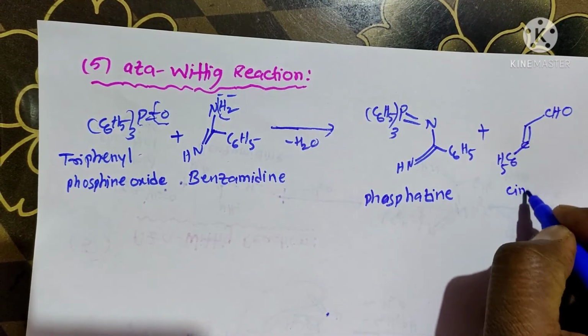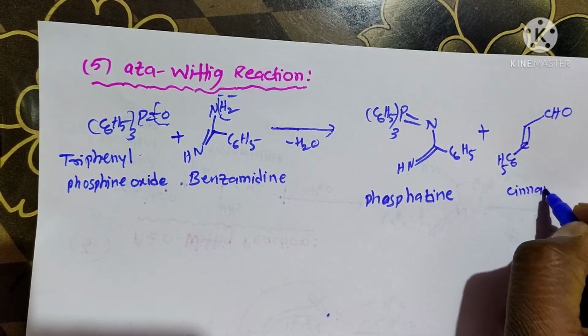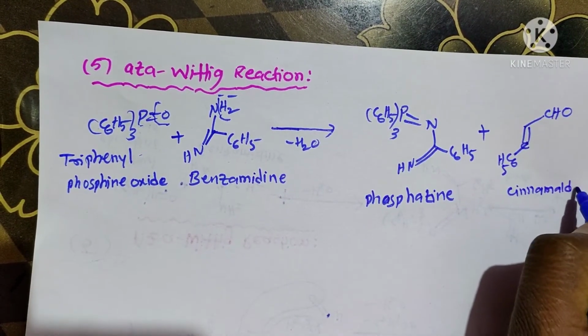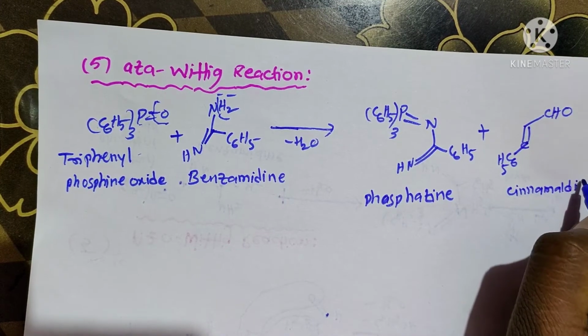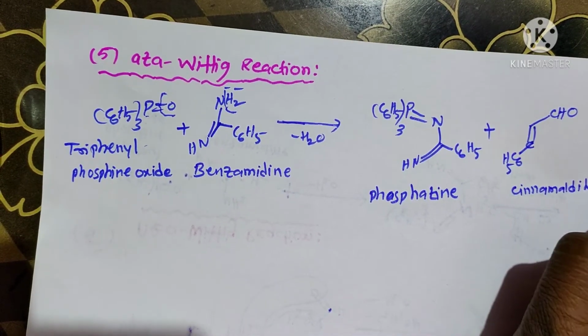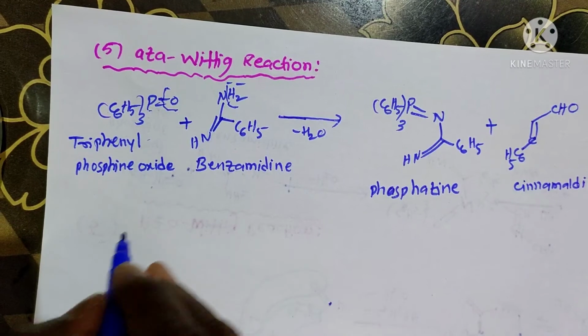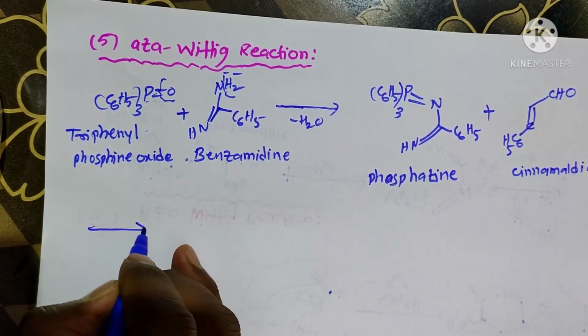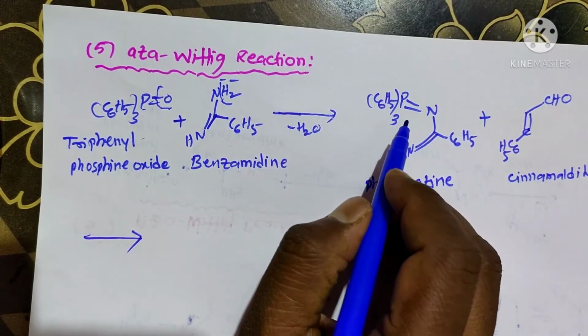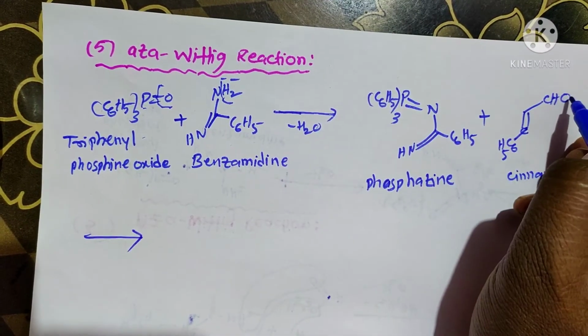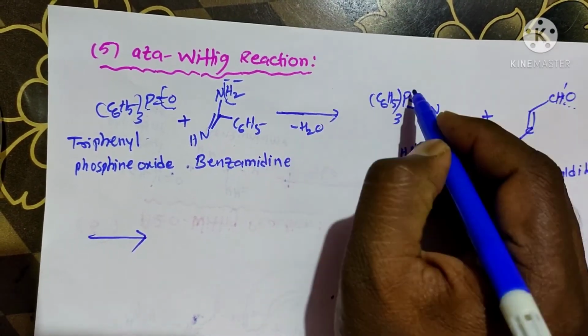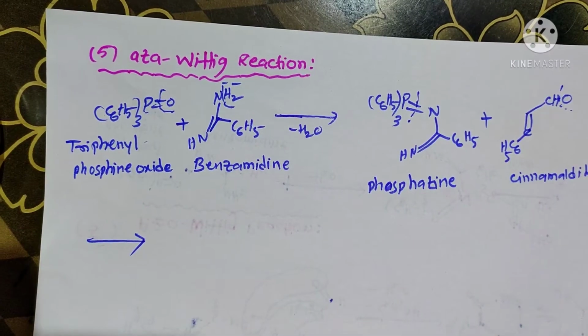So what happens, triphenyl phosphine oxide goes outside. Look here, this oxygen combines with this one and goes outside in the form of water.